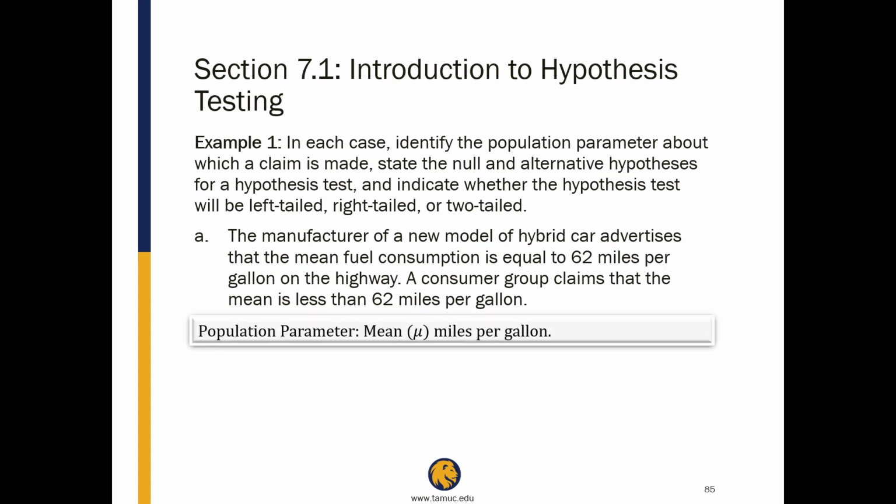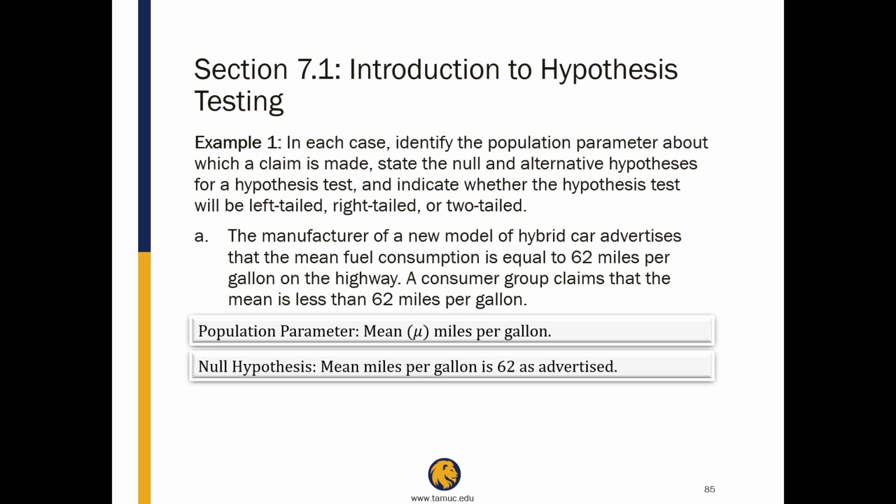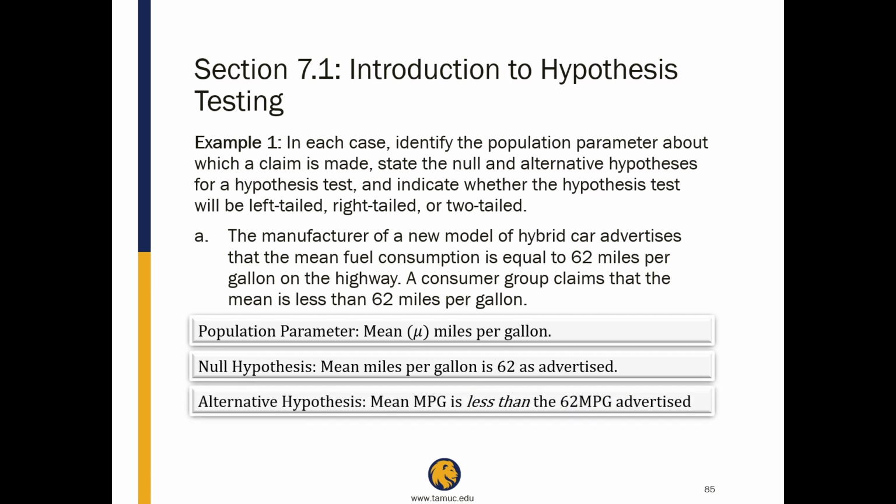So what we say here is the mean, mu, is the population parameter for miles per gallon of all the cars that they manufacture. The null hypothesis is what they're advertising, that the mean miles per gallon is 62 mpg. The alternative hypothesis is that the mean mpg is less than the 62 advertised.